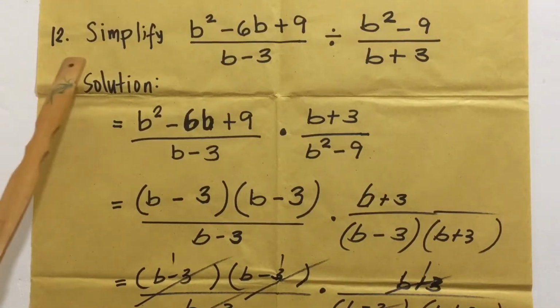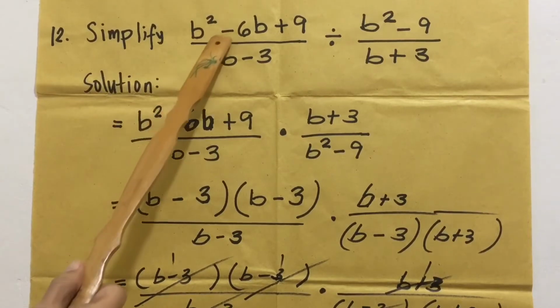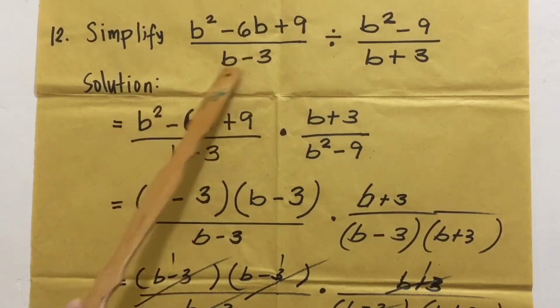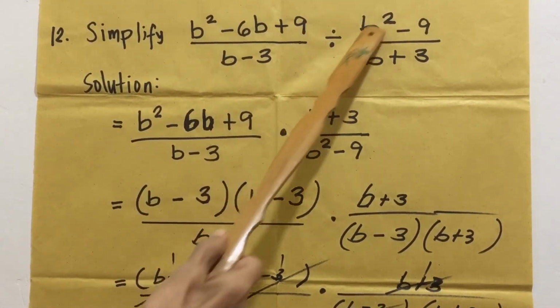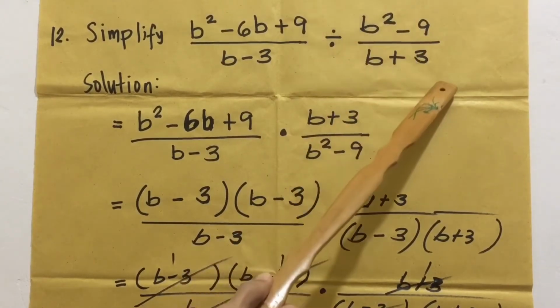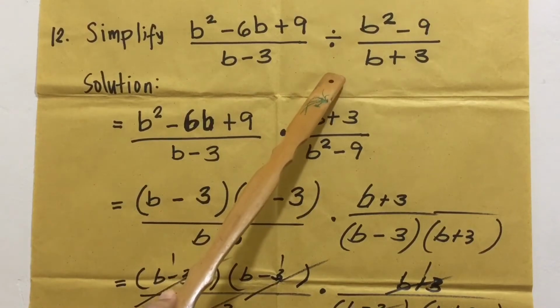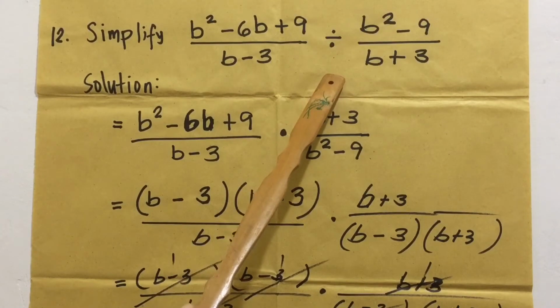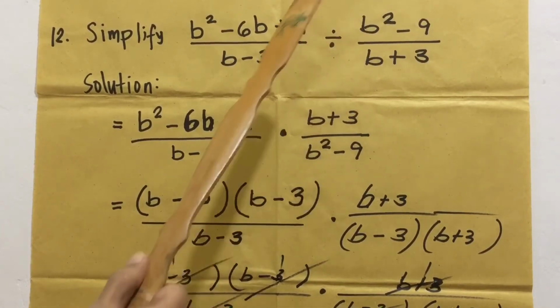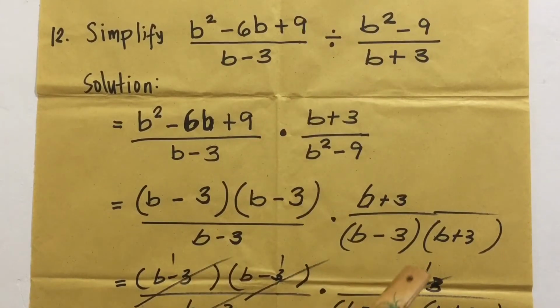And next, number 12. Simplify b squared minus 6b plus 9 over b minus 3 divided by b squared minus 9 over b plus 3. Simplify means we're going to find the product of this given rational expression. To find the quotient, we apply the reciprocal method.